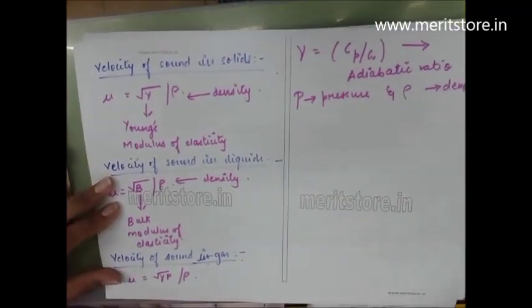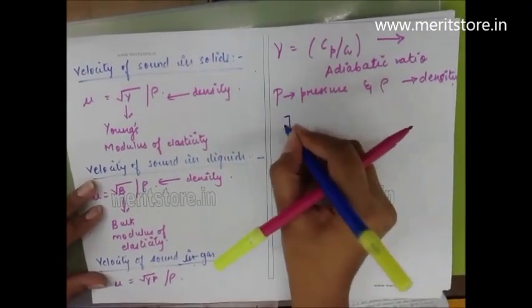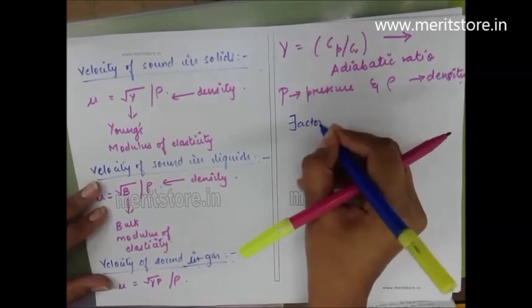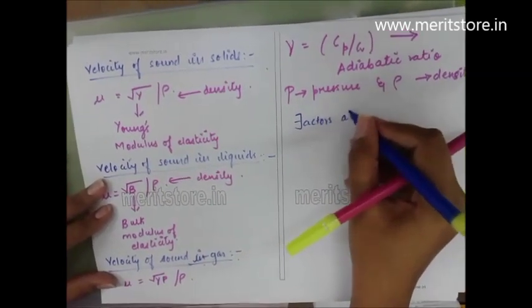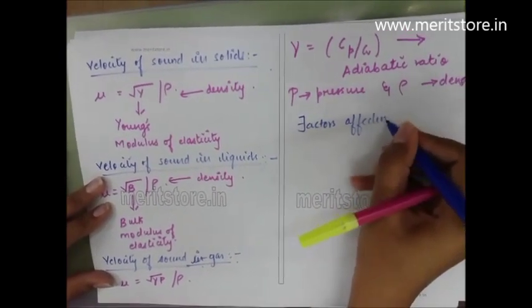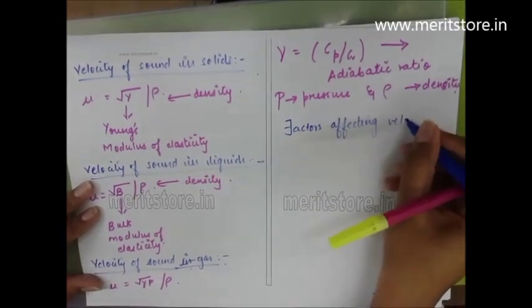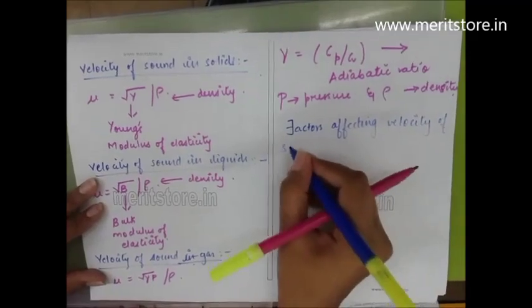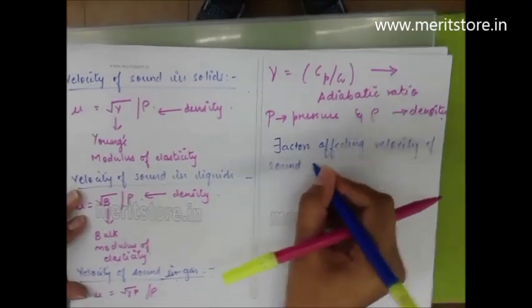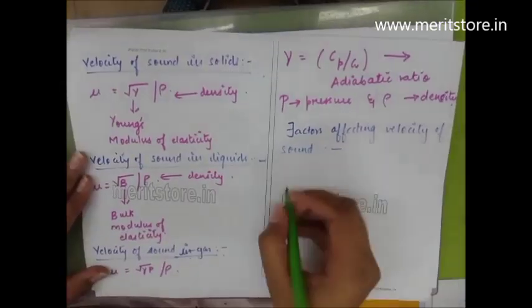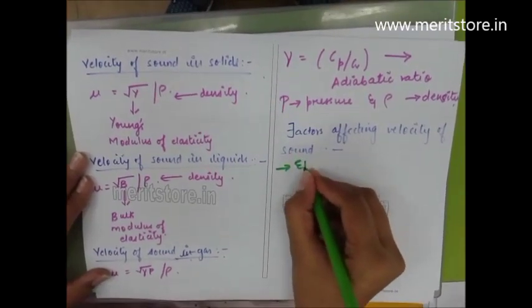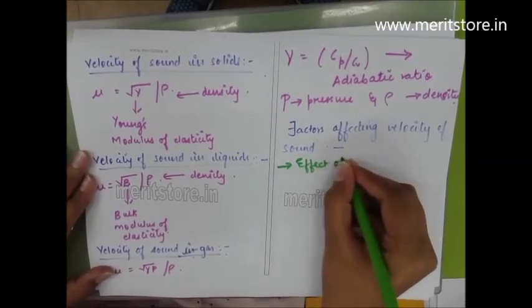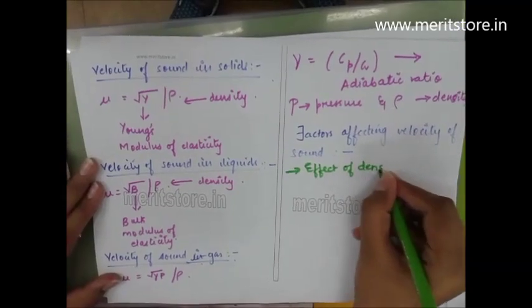Now, what are the various factors affecting the velocity of sound? Let's see the effect of density.